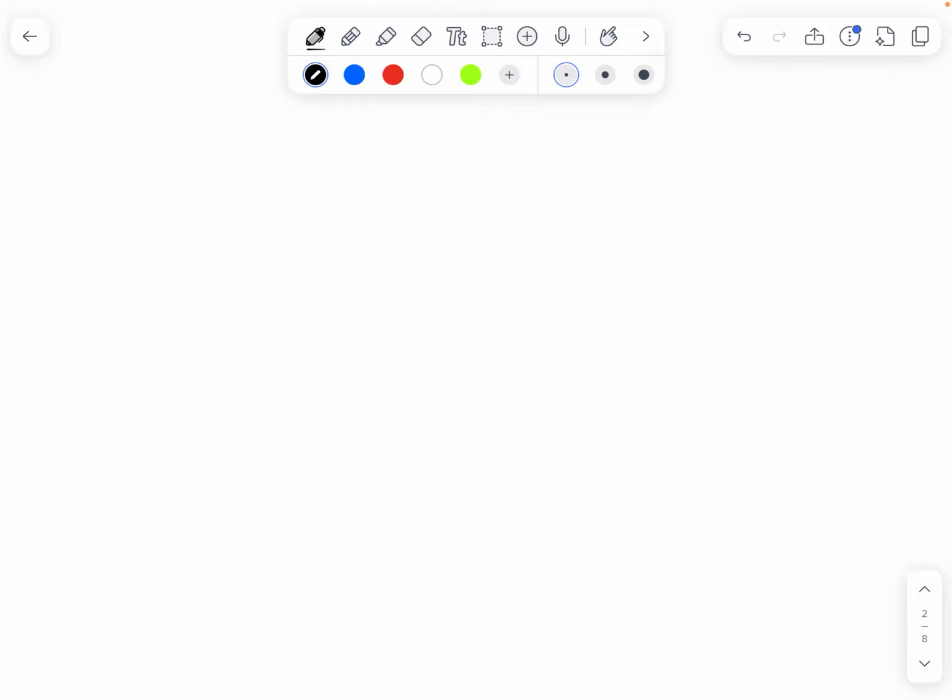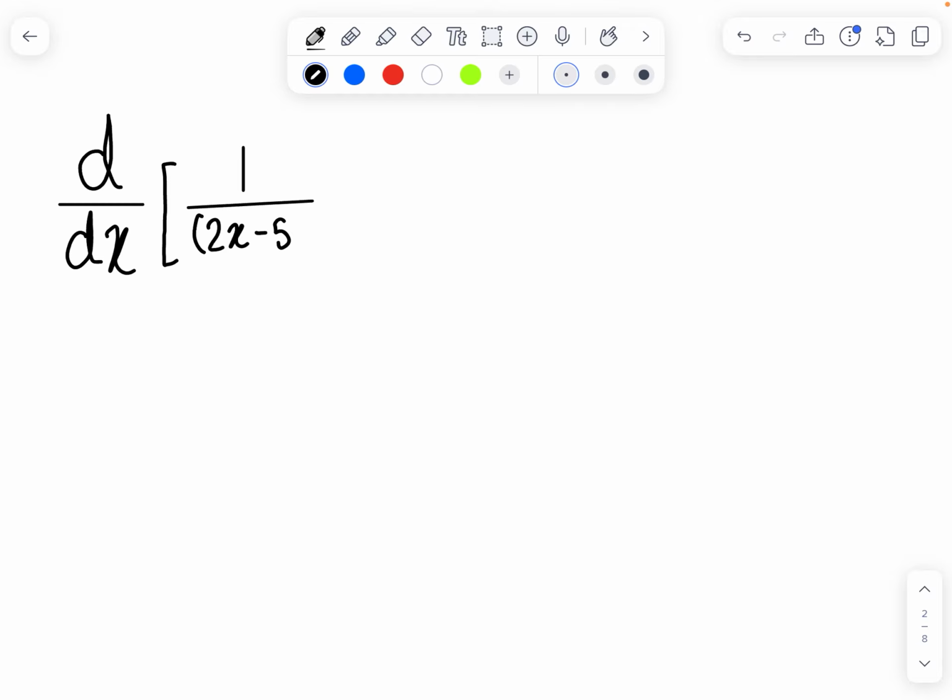What is the derivative of 1 over 2x minus 5, cubed?